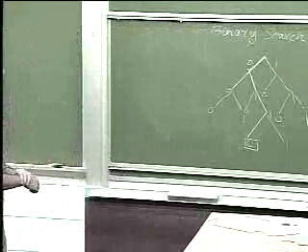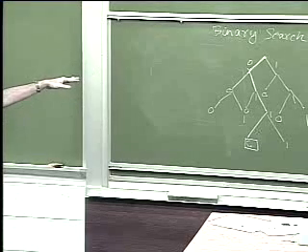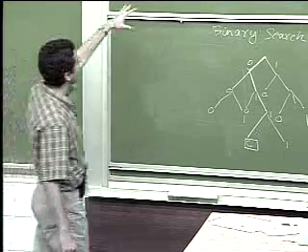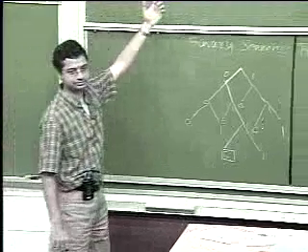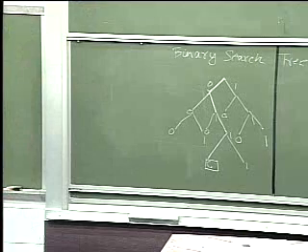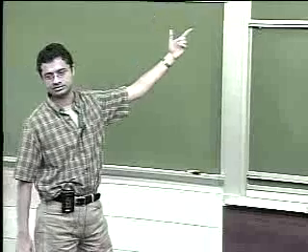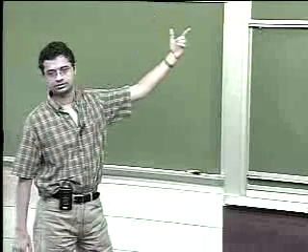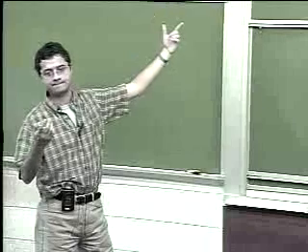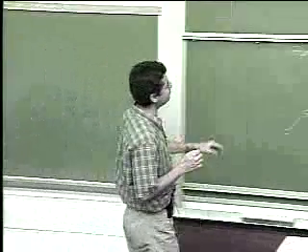Now, if you implemented a binary search tree and you have this router, how many comparisons do you need to do to come up with the right answer? 11.